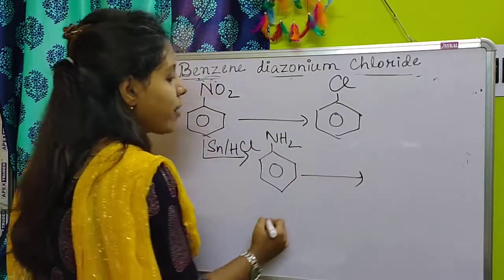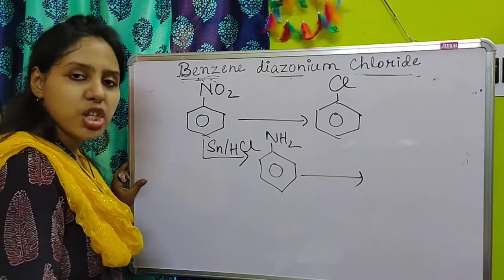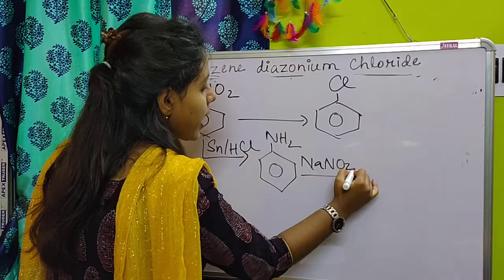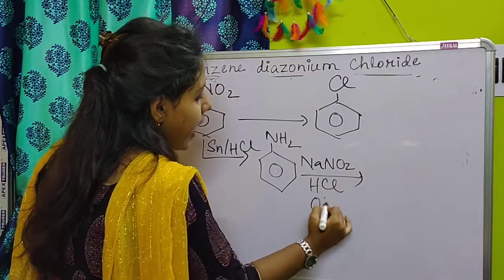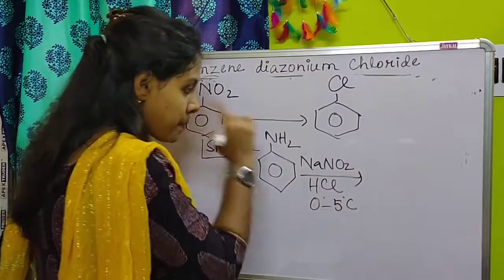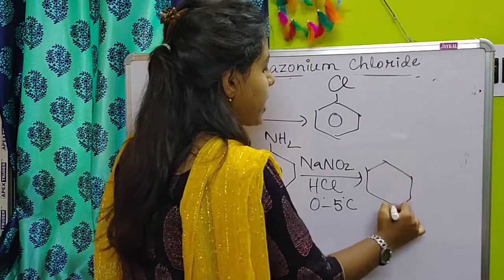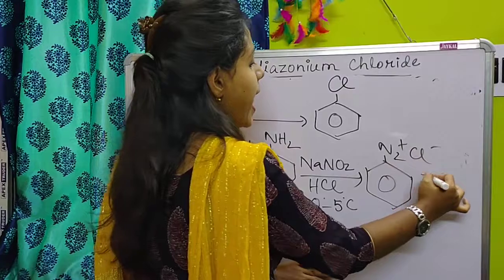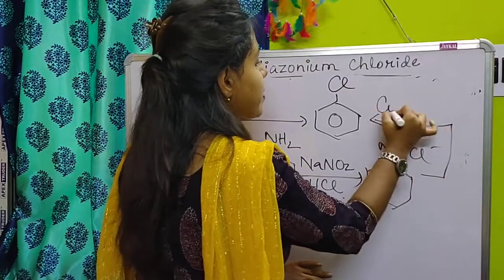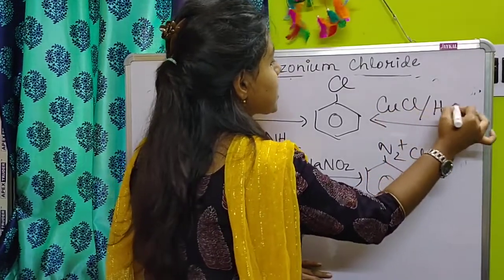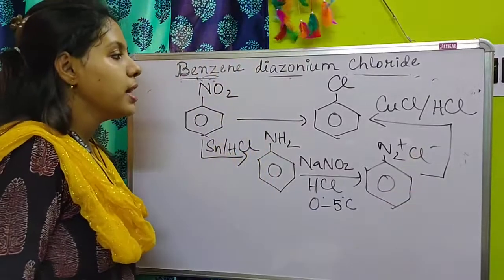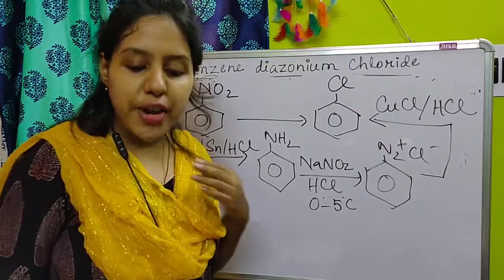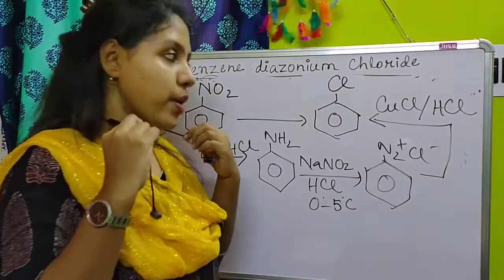After that you follow the diazotization reaction, that means NaNO2 and HCl at 0 to 5 degrees Celsius. It will make diazonium chloride, N2+ Cl-, and then you follow the Sandmeyer reaction, that is copper chloride and HCl. From there we get chlorobenzene. So these are the conversion reactions that you have to follow for your exam.